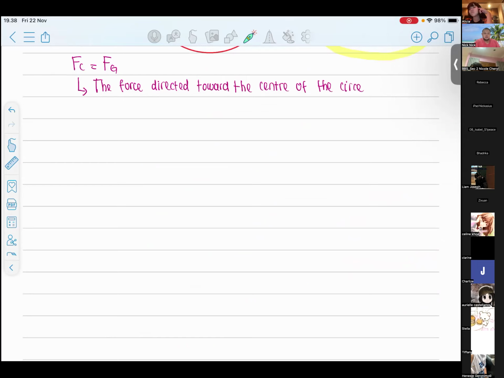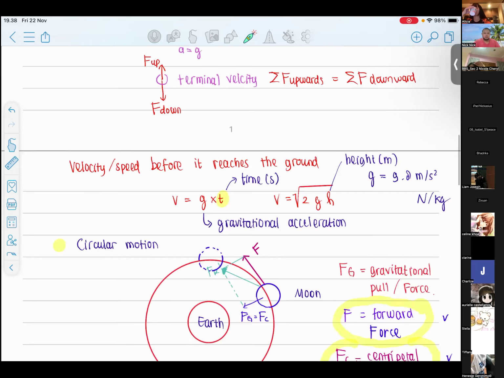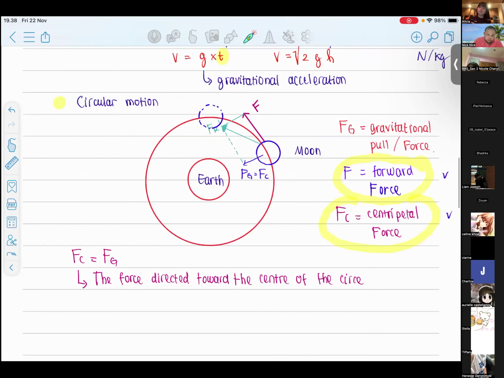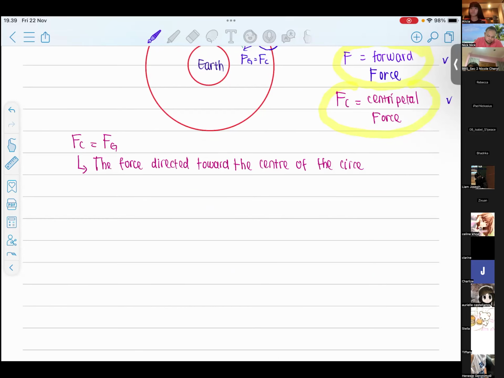Let's move on. What are the next pointers here? The next pointers are about resultant force, turning effect, moment, momentum, impulse, and density.